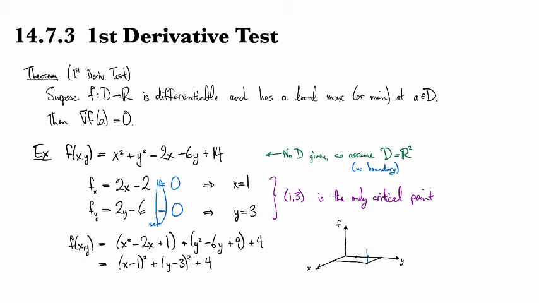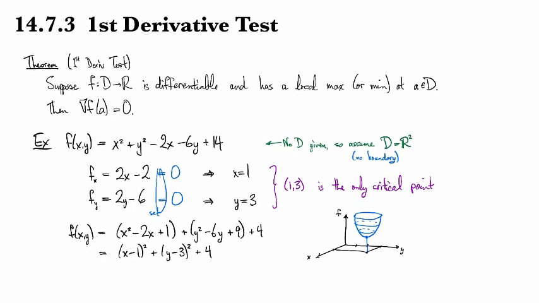I would go up to height 4, and we'd have a paraboloid opening in the positive direction, because both the x squared and the y squared terms have a positive sign in front of them, so it's going to be opening upward.